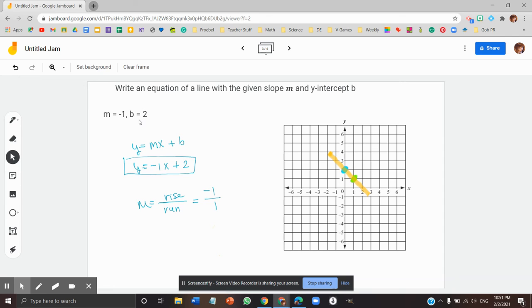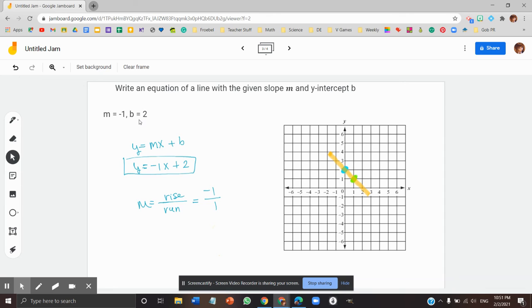Now, tomorrow we're going to have virtual class again, and we're going to continue with our topic on slope intercept. We're going to be talking about how to take this information from a graph, how to use word problems to look for my linear equation, how to find that slope, how to find that intercept.